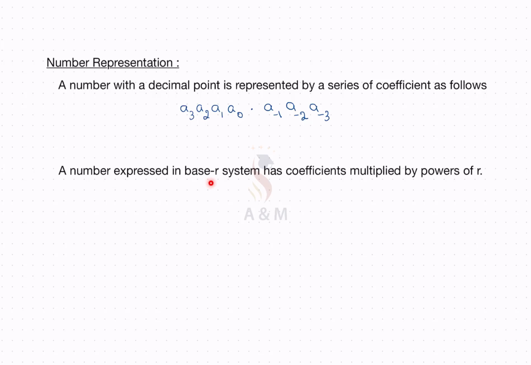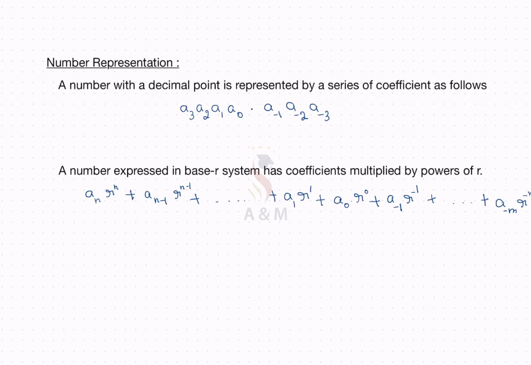A number expressed in base R system has coefficients multiplied by powers of R, that is an into r to the power n plus an minus 1 into r to the power n minus 1 plus up to a1 into r to the power 1 plus a0 into r to the power 0 plus a minus 1 into r to the power minus 1 up to plus a minus m into r to the power minus m.